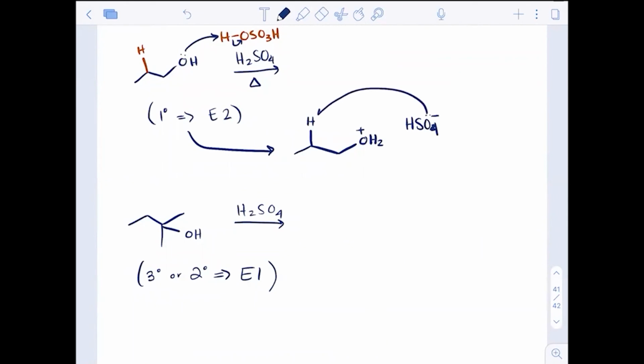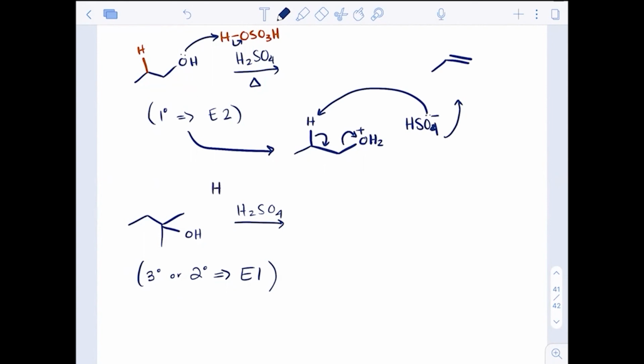And then we'll do our E2 proton transfer with our loss of a leaving group to complete our E2 mechanism. This only occurs with primary alcohols.